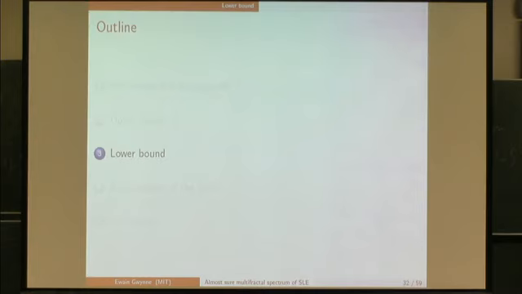And now we turn our attention to the lower bound. So we're going to start by proving a lower bound for the subset of the curve. So this is the opposite direction as we did for the upper bound, where we started with an upper bound for the subset of the circle, and then we transferred to an upper bound for the dimension of the subset of the curve. Here we're going to start with the subset of the curve and later transfer to the subset of the circle.